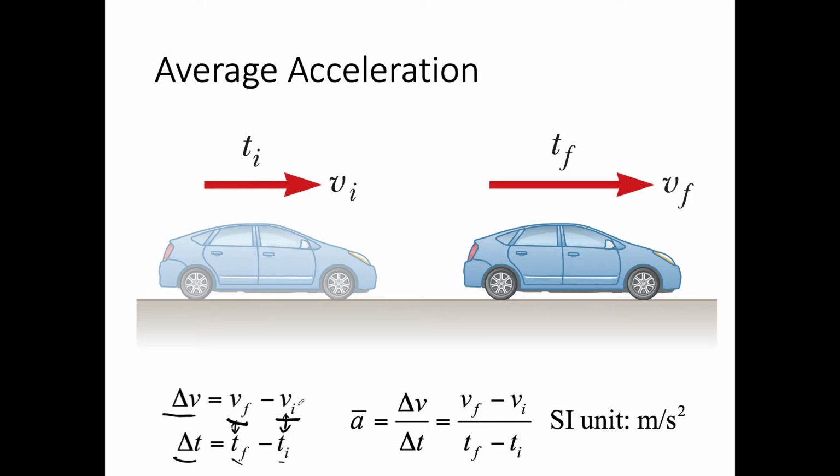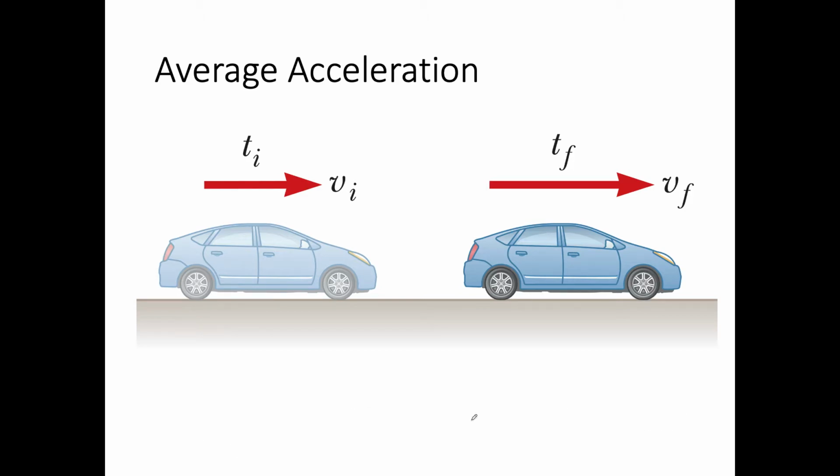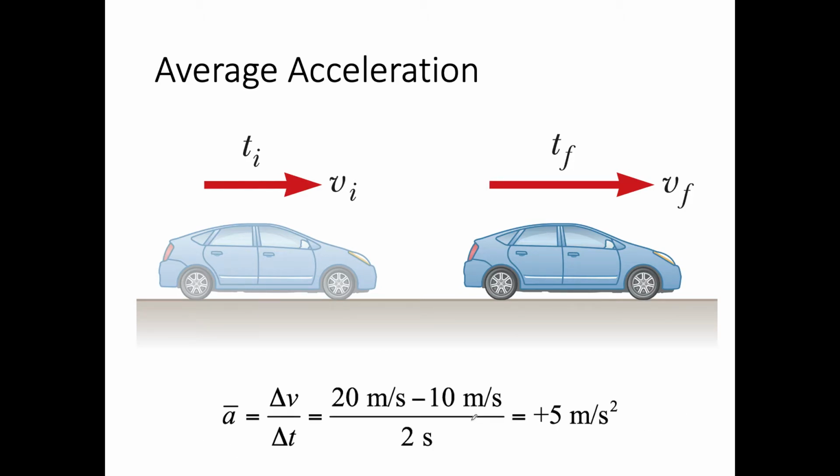So the average acceleration is defined as the change of velocity divided by the time interval. It's the final velocity subtract the initial velocity, divided by the time interval it takes for this change. For example, the initial velocity of the car is 10 meters per second.